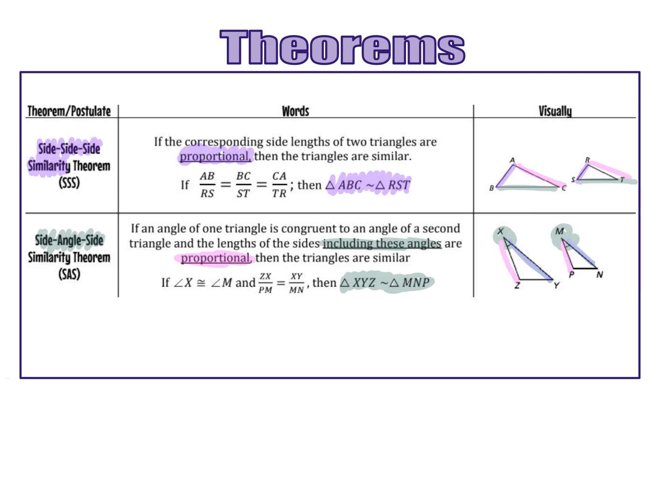So either we're showing all 3 sides have a proportion that works, or we're showing a set of 2 sides are proportional and the angle included between them is congruent. So angles congruent, sides proportional. Let's go ahead and focus on using these theorems in some example problems.